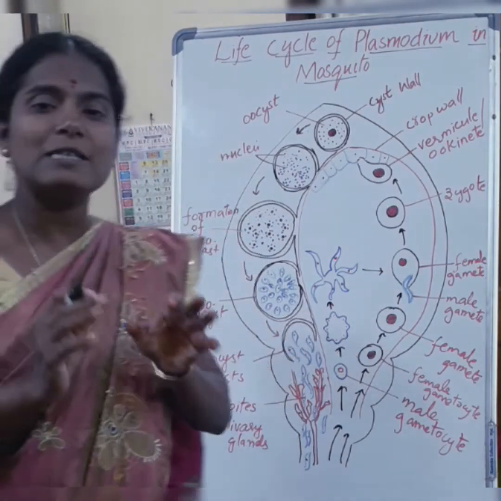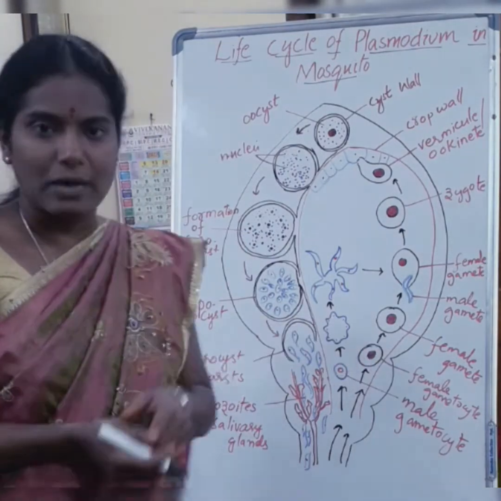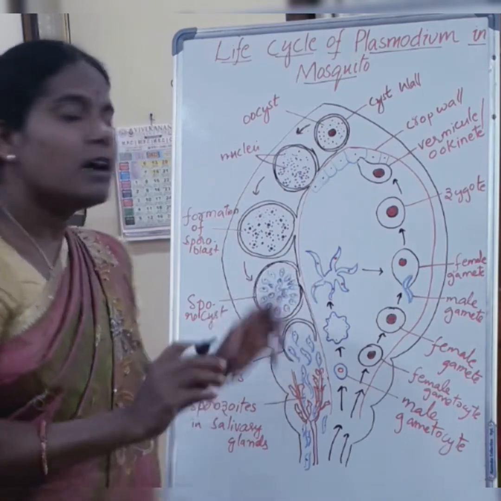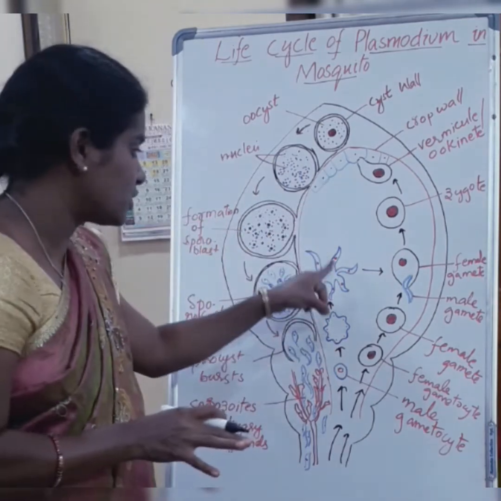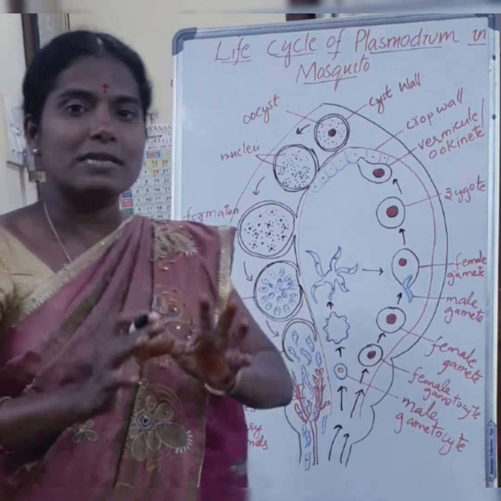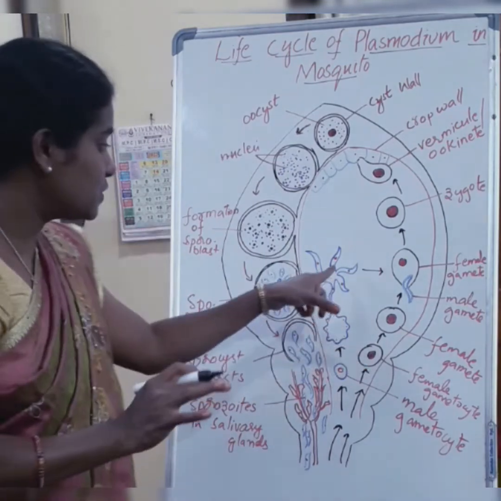The cytoplasm pushes to the periphery along with the pronuclei, forming a flagella-like structure. These flagella structures show lashing movements to come out of the cytoplasm.